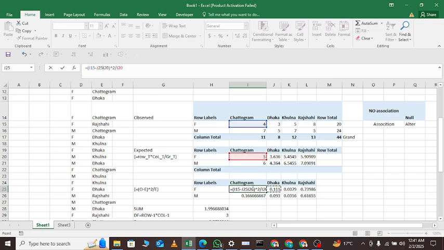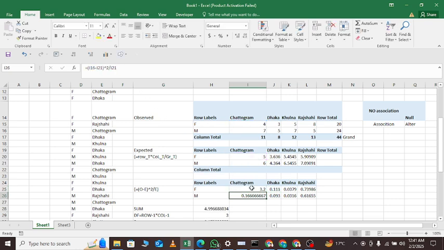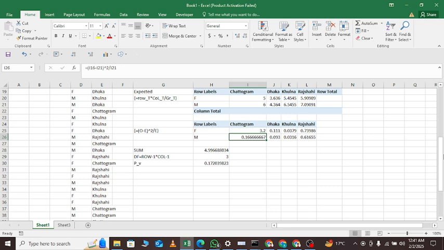Similarly, 4 minus 5, and the same for the rest. Now we go to our p table and take the sum of these.